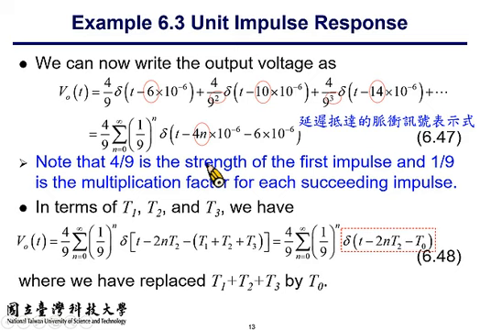Alright, so you can write up this infinite series, 6.47, supposing that the source is an impulse source. And if you follow the textbook to collect some common terms, because T1 equals T2 equals T3, the sum of the T1, T2, and T3 is termed as T sub 0, which is 3 times T2.